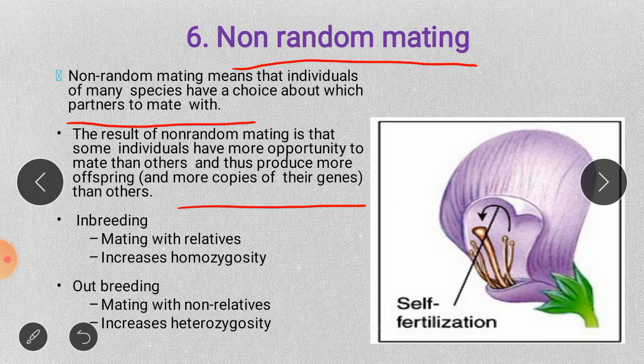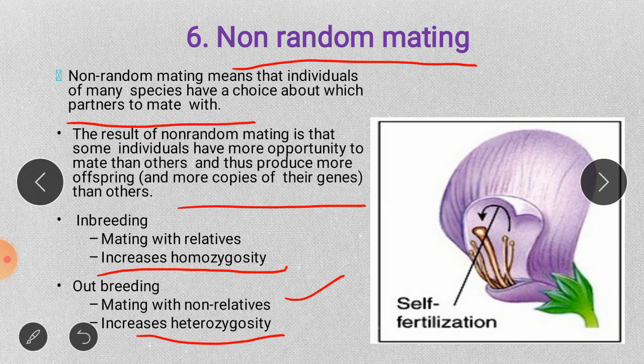Inbreeding is mating with relatives, which increases homozygosity, but outbreeding is mating with non-relative individuals, which increases heterozygosity. So allelic frequencies change depending upon the inbreeding or outbreeding process.